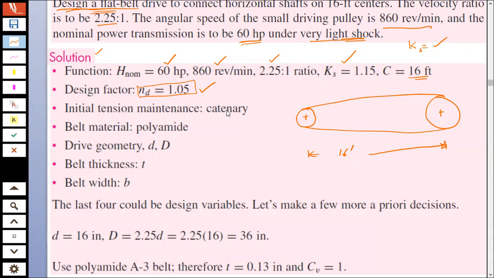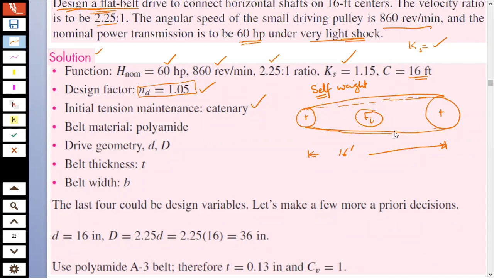The initial tension, which you call Fi, it says that is maintained with catenary. Now, what is catenary? Catenary is that this belt has the weight of the belt, the self weight of the belt. What is this belt going to do? This belt is going to exert some tension in here due to its weight.